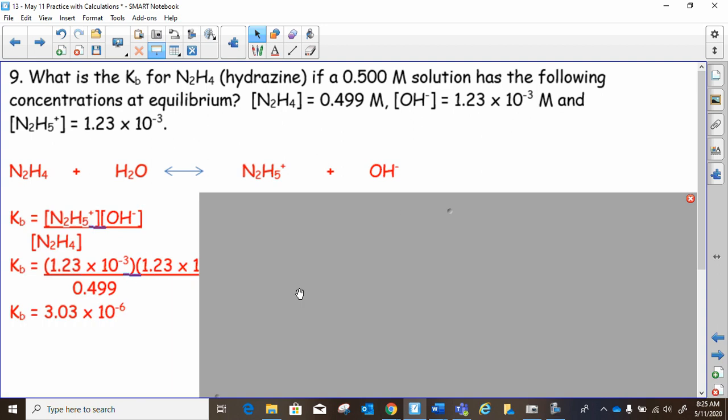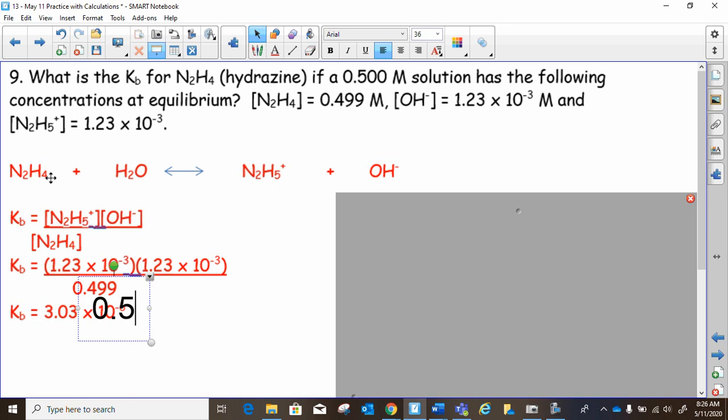So when you go to write that into an expression, you have your Kb expression, which is your hydroxide ion times N2H5 plus, so your 2 products, over your reactant. And again, you'll see that they didn't use the 0.5. That's because they took into consideration that some of it has already broken down. So it started as 0.5 here, yes.